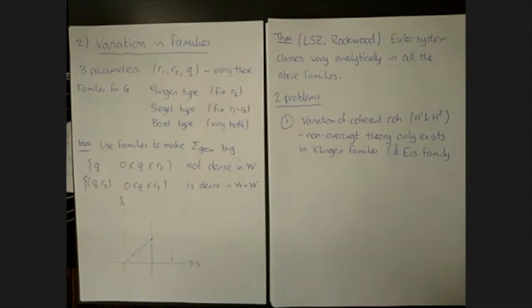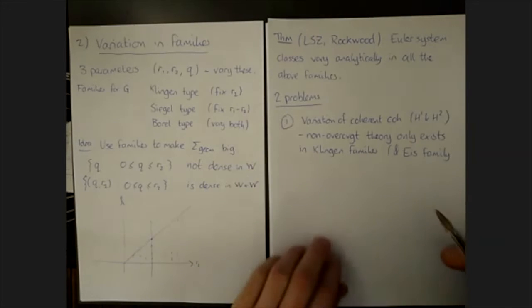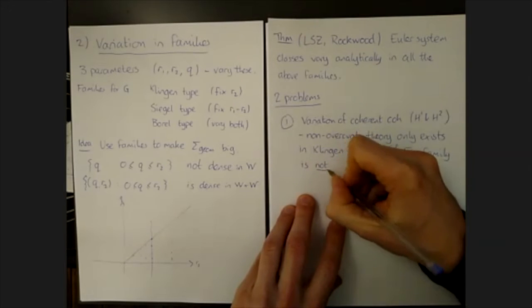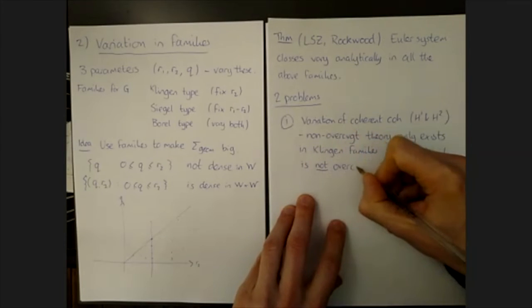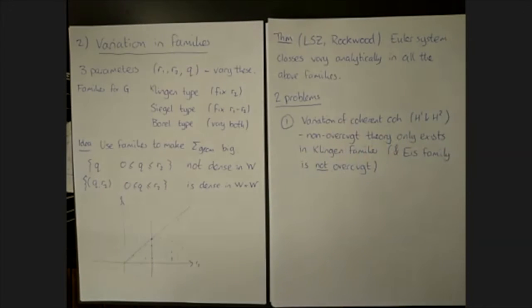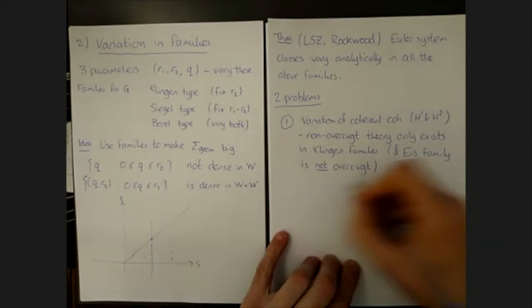And this is really a problem for us, because in our construction, we work with the Eisenstein family, Katz's Eisenstein measure, as I called it, and that's really not overconvergent. So this came up a bit in my talk yesterday, why we use Hida and not Coleman theory and impose an ordinary rather than a finite slope condition. And this is why, because we need to be able to use this non-overconvergent family as an input along the way. So that's one problem.